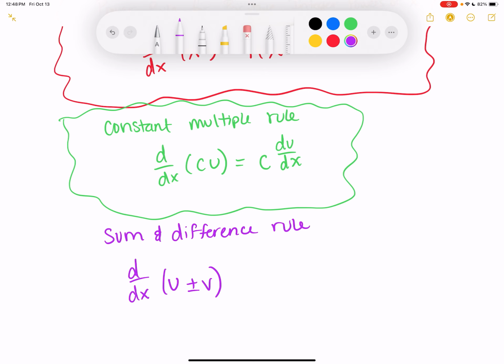I try to make them obnoxious with a point or rounded, but sometimes they look similar. So if you're ever not sure, just ask. Basically all this says is we're taking the derivative of u plus or minus the derivative of v, where u and v are just functions with respect to x. So it would be du dx plus or minus dv dx.